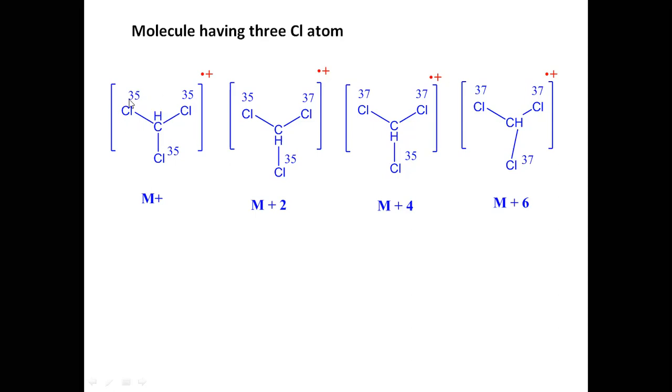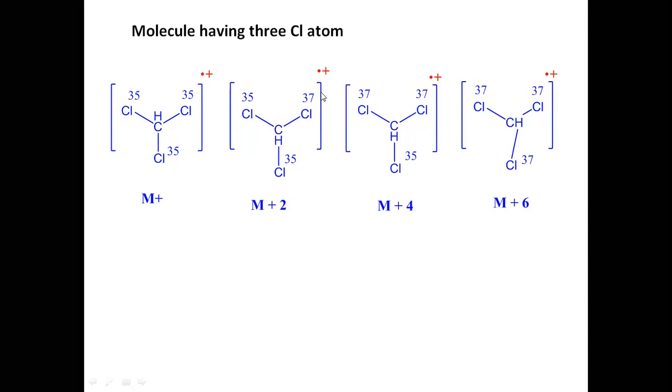Here, 35 is labeled as M plus. When out of these three chlorine atoms, one is replaced by the heavier isotope of chlorine, that is 37, it is an M plus 2, because there is an increment by 2 in the total mass.